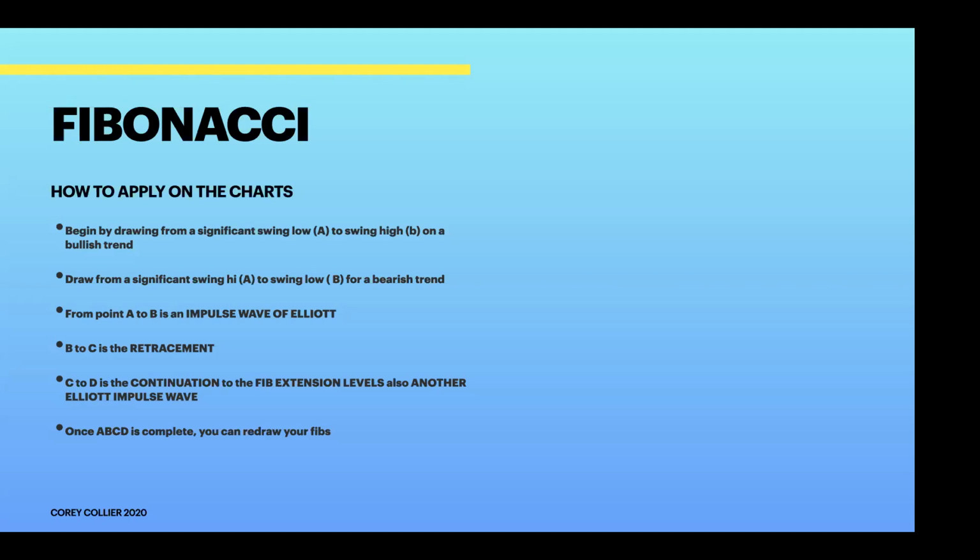Once the ABC is complete, once your take profit is hit, guys, you can redraw your fibs. So now, since we fibbed wave 1, and wave 3 was the top of our take profit, we're now going to fib wave 3 to enter in at the end of wave 4 to catch all of wave 5 to our take profit.